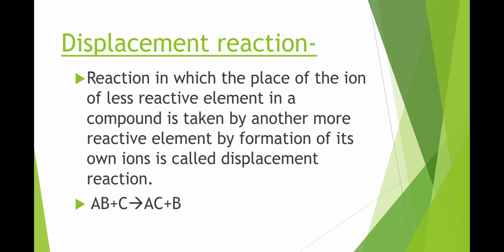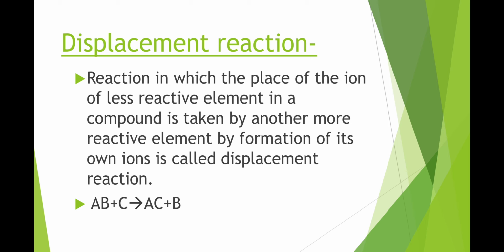C is more chemically reactive, and hence it displaces B from AB and occupies the space of B. Here the products which we get are AC plus B. So C is the stronger friend, as in our example. C is more chemically reactive, it displaces B and occupies its space. We get AC and B as products.